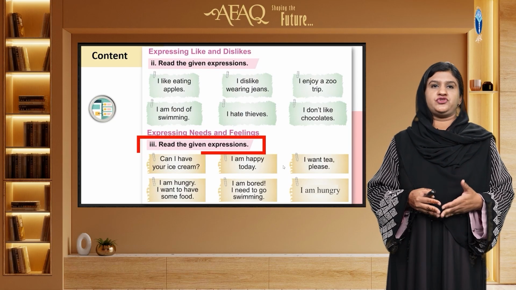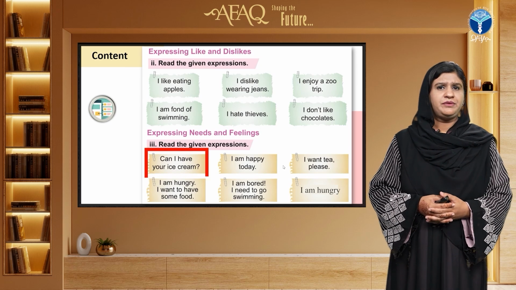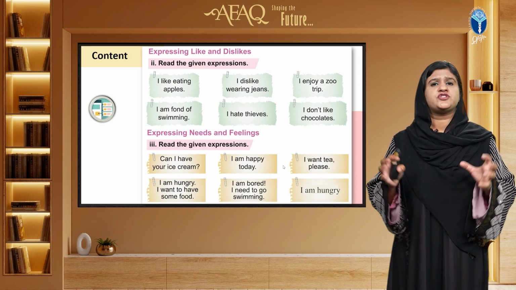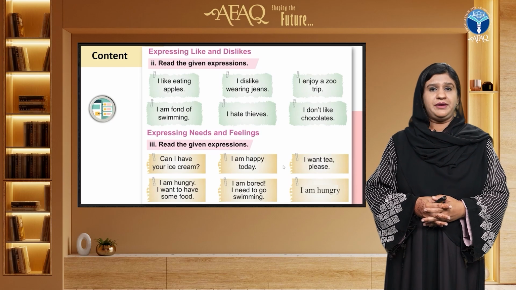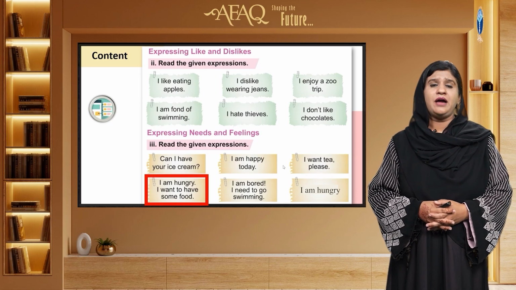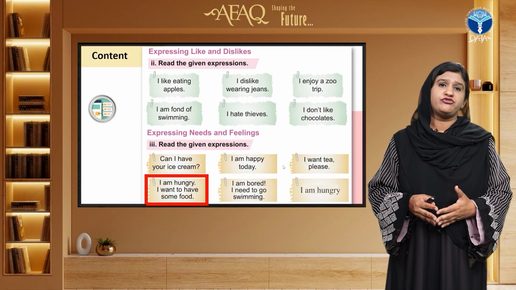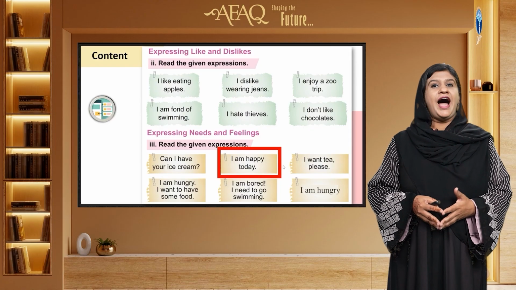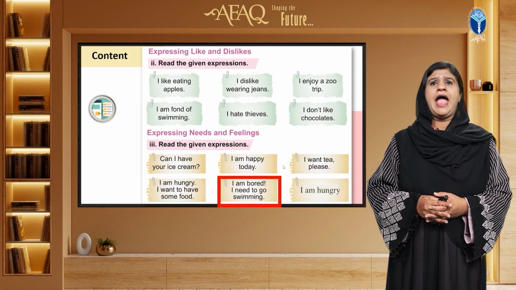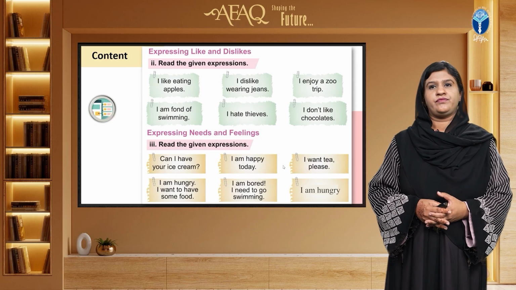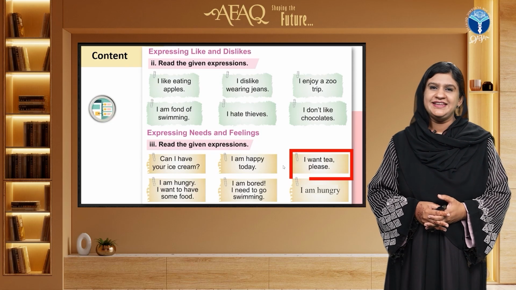Read the given expressions. Can I have your ice cream? Whenever you need something, you are supposed to ask it first. Can I have your ice cream? I am hungry. I want to have some food. I am happy today. I am bored. I need to go swimming. I want tea, please.